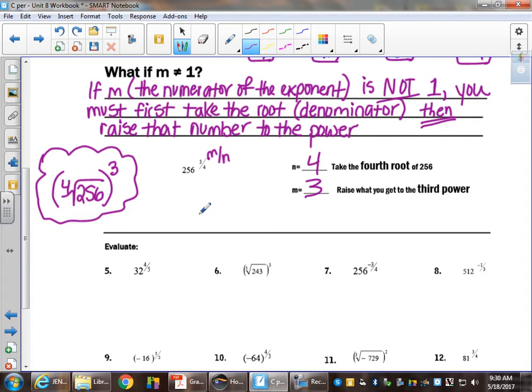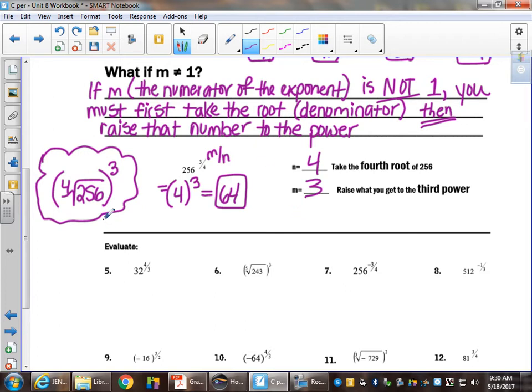What is the 4th root of 256? 4 raised to the 3rd. What is 4 to the 3rd? 64, and we're done. It's a 2-part process. The first part is dealing with the, what first? What do we do first? The root first, then the power.